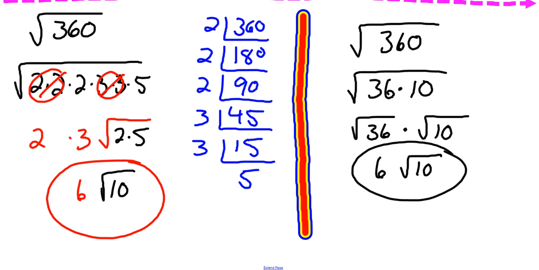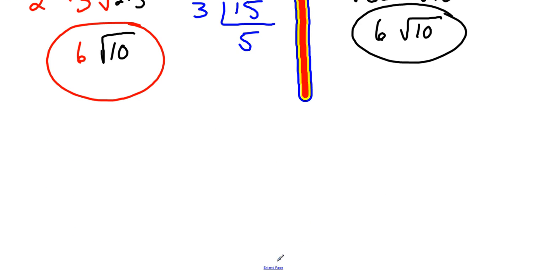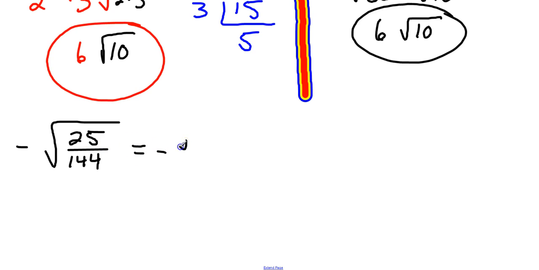Okay, now, the couple of times that they'll ask you some of these, they might give you some perfect square root numbers. They may give you something like this, where we've got it in fraction form. So maybe it's the negative square root of 25 over 144. For one like this, you can almost separate it into 2 parts.